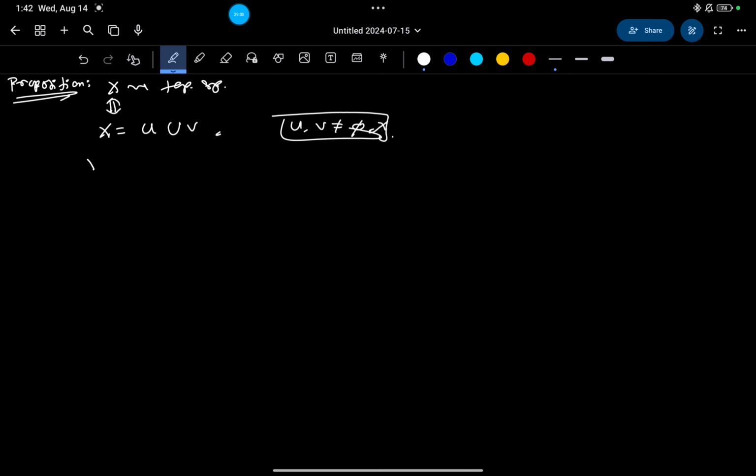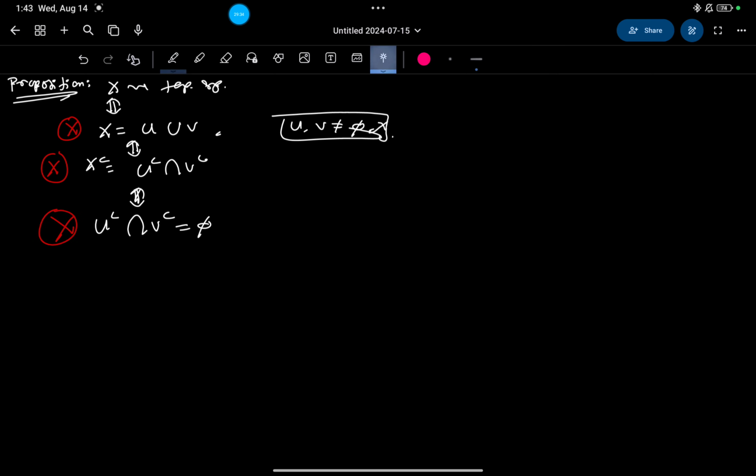This is not possible if and only if X complement equals U complement intersection V complement is not possible for any particular U and V. This should not be possible if and only if U complement intersection V complement equals phi.